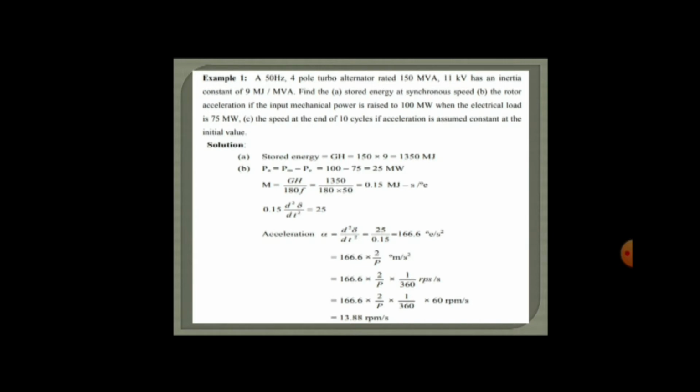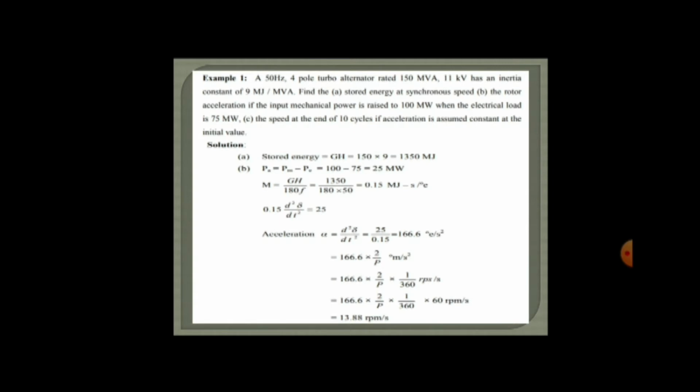So we got alpha equal to d square delta by dt square, that is 25 by 0.15, which is 166.6 electrical degrees per second square.